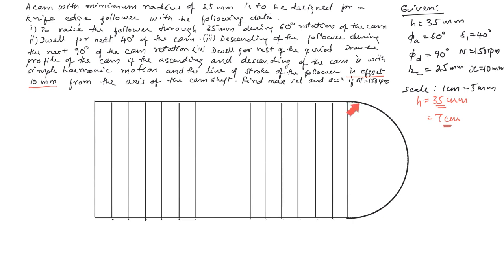Now draw a semicircle on any side. You can draw it on this side or on this side. Now we will divide this semicircle into 6 equal parts.